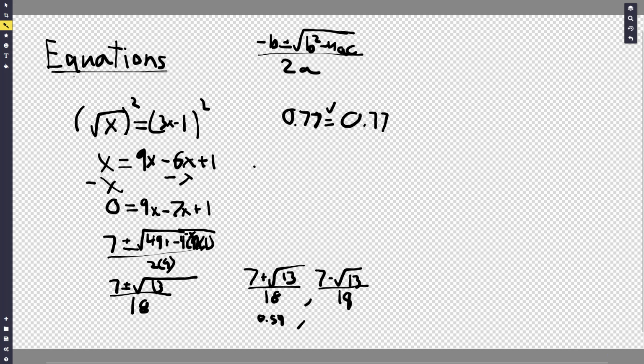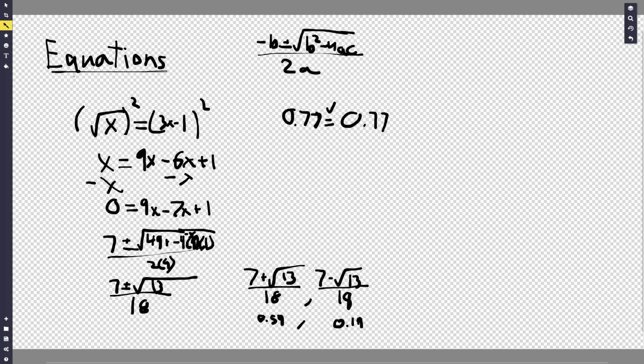And now let's try it with this other one right here. Let's do 7 minus the square root of 13 divided by 18, and that is equal to a smaller number, 0.18, or about 0.19. Now let's plug that in.